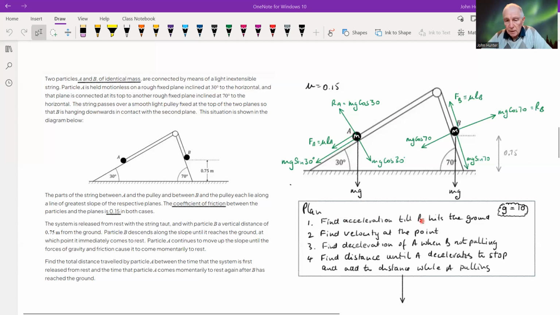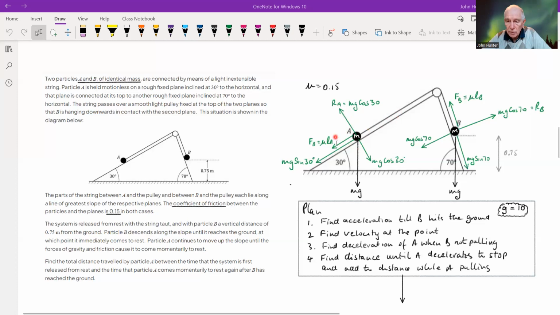So we find the acceleration until B hits the ground, coming down this slope here, and then we need to know the velocity at that point, because that is the initial velocity of particle A when it stops being pulled by particle B. So then we need to find the deceleration of A. Well, we can see the forces, but we're then looking at what's happening to particle A as it moves up the slope.